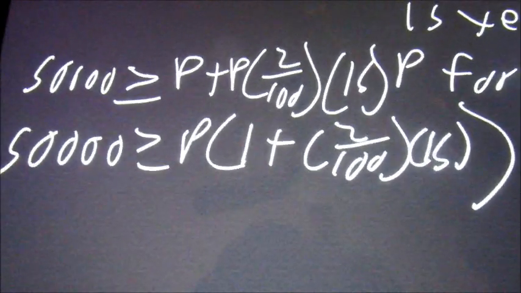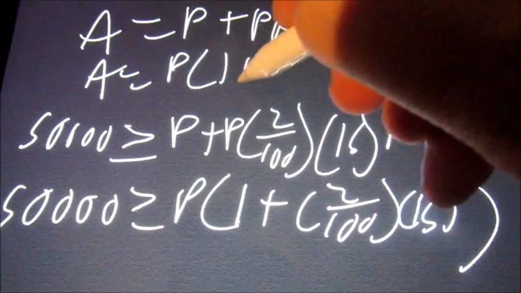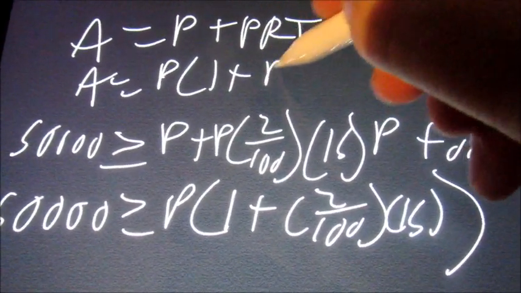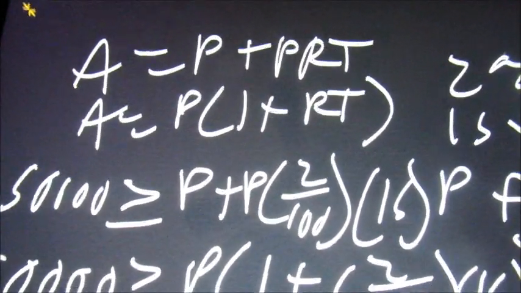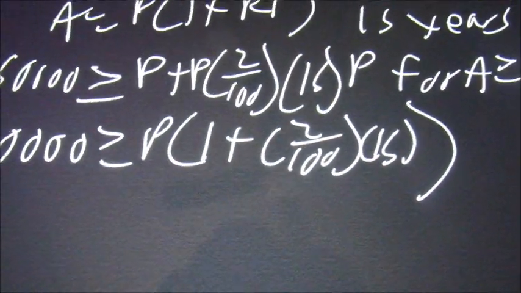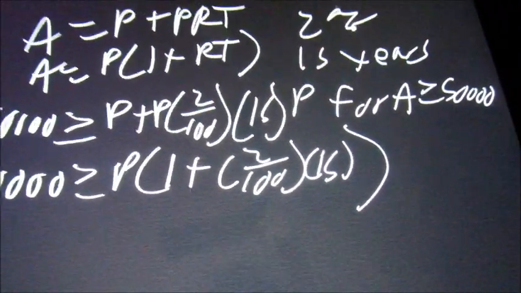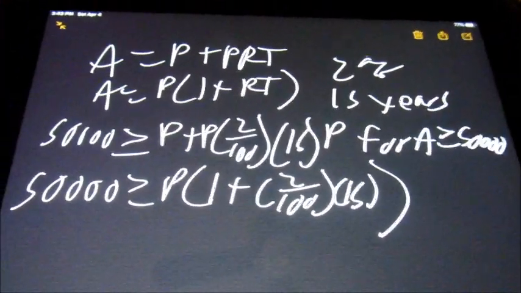So basically, what it's going to be is A equals P(1 plus rt). This is the equation that you're going to use. Okay, so now we just need to work all of this out.